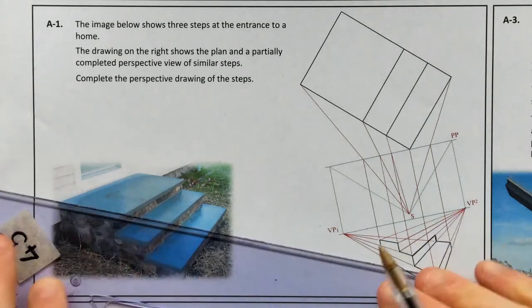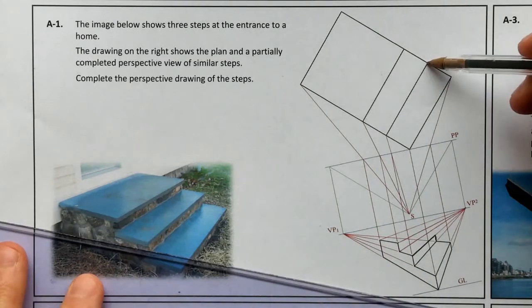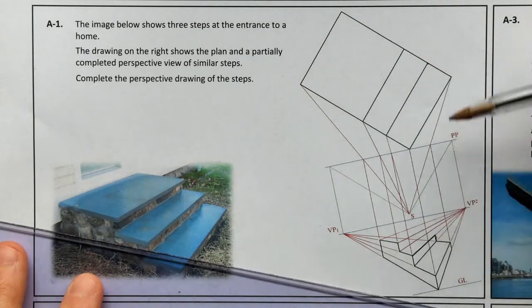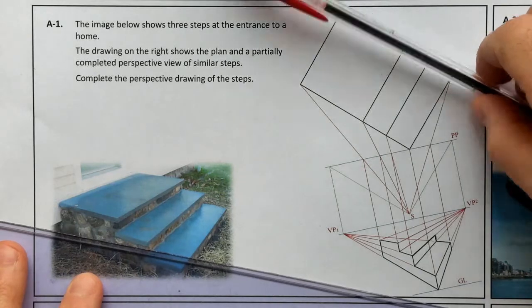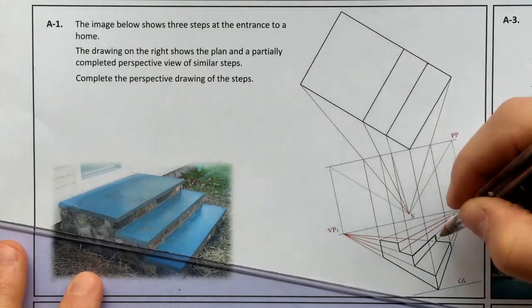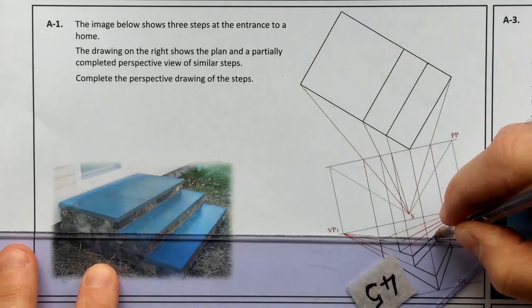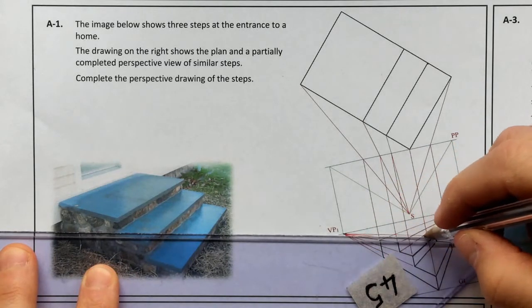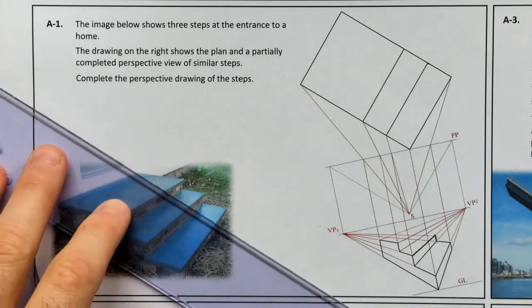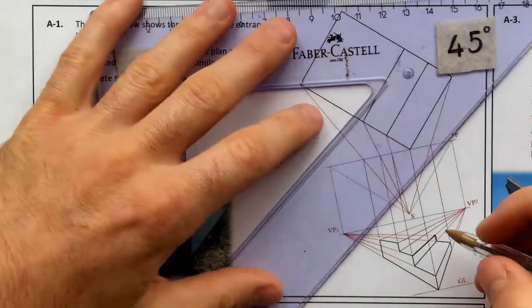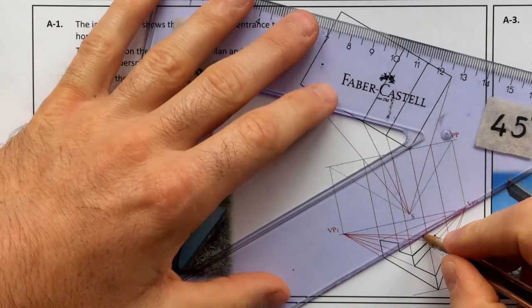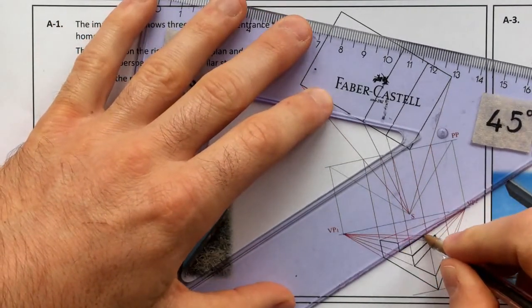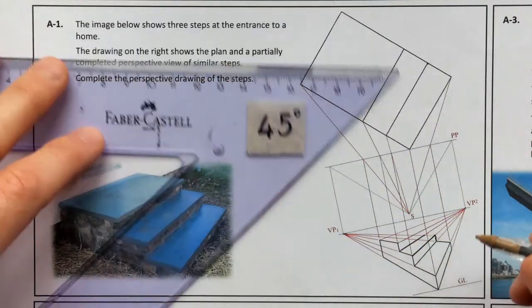And to make our life a little bit easier then, at this point right here, which is the starting of the second step, I know it's going in that direction, that edge there. So this one is going to extend out to VP1. And what we can actually see there is the edge of where it is heavy as far as right there. That's where they're meeting.